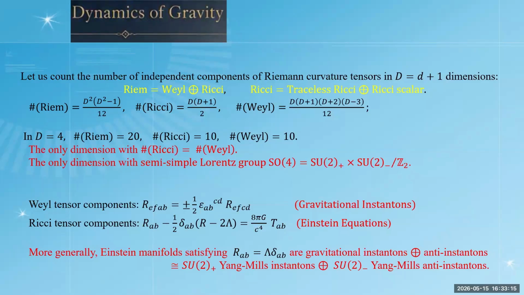So if we consider 4 dimensions, then the number of Riemann tensor components is 20, and this 20 is split into the Ricci tensor, 10 components, and the Weyl tensor, 10 components.